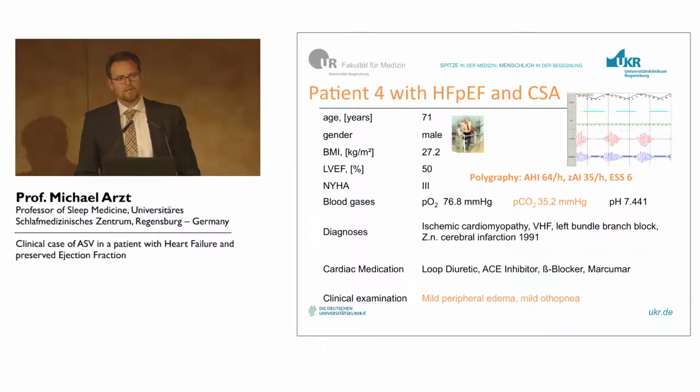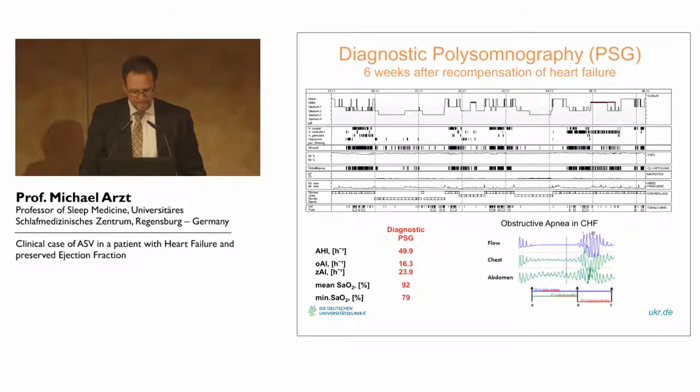So here the first advice is not to start right away with the treatment, but start with the heart failure treatment first. And 6 weeks after recompensation of heart failure, we called the patient back to the sleep lab, and there was a slight decrease of the severity, and also the proportion of obstructive events increased.